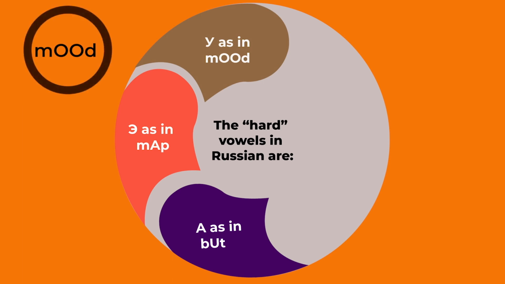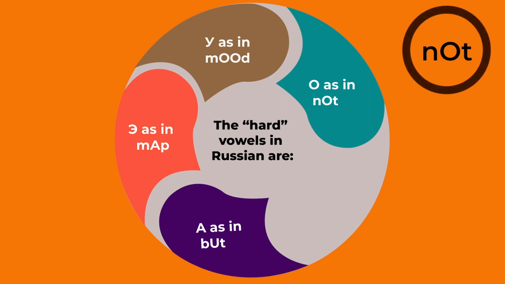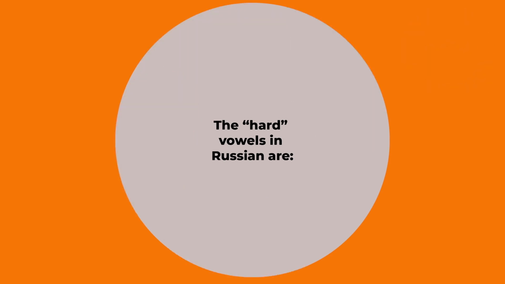If you look at the structure, we have used two O's, so the sound in the word mood closely resembles the letter U and its sound. And likewise, for the letter O, we have used the English word "not". The sound of O in not absolutely resembles the sound of the Russian letter O, as in not. So let's repeat once again.